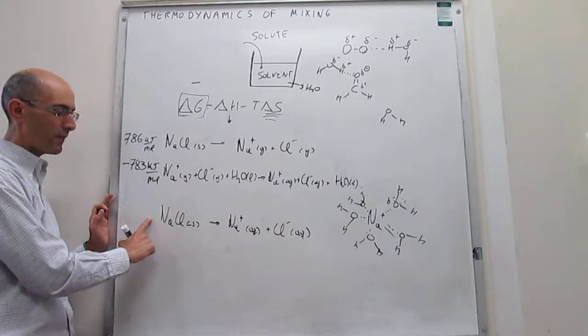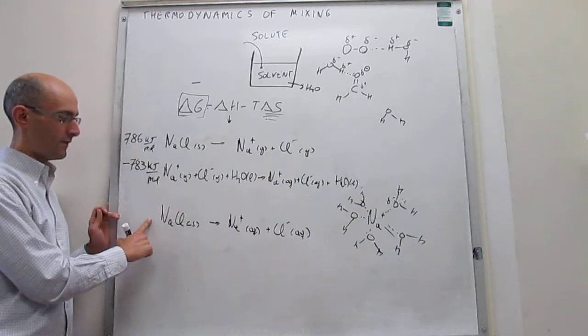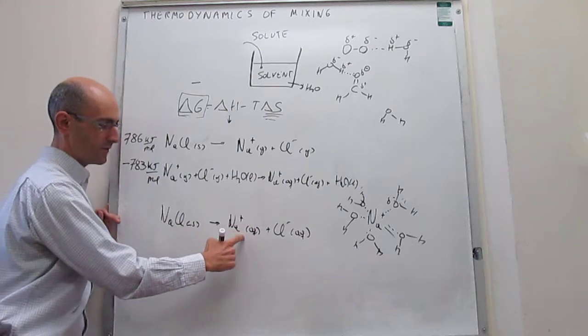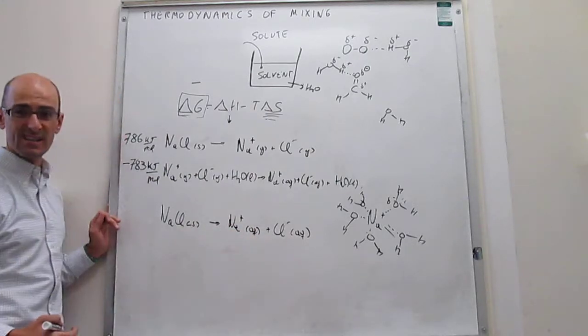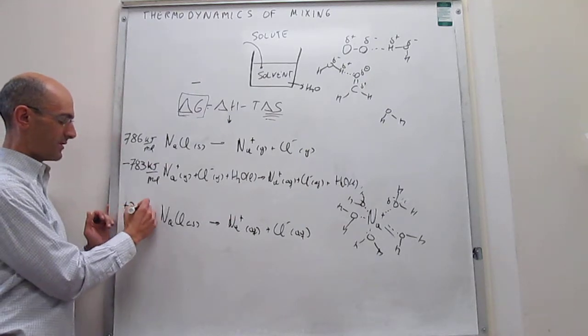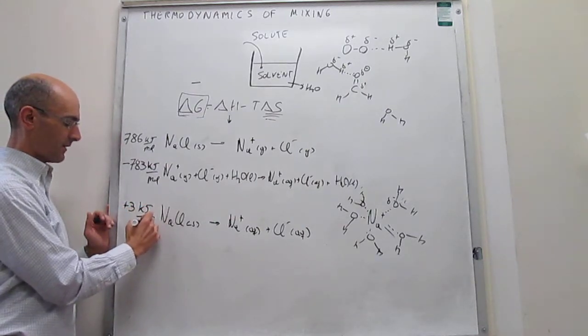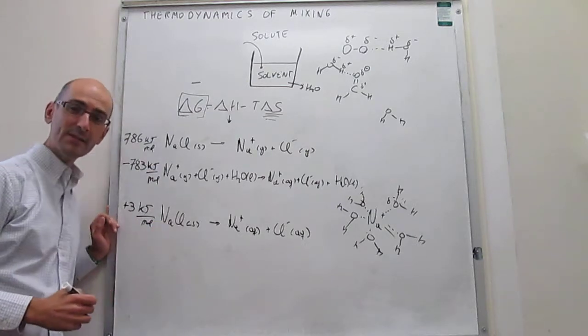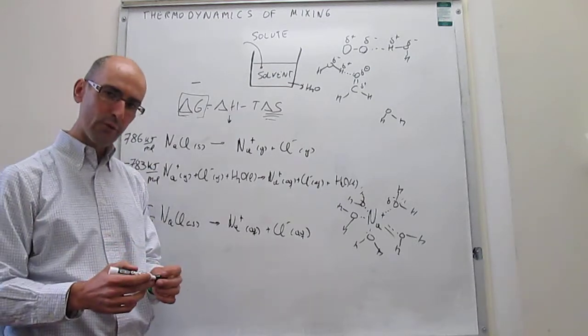So the overall enthalpy for the solution of solid sodium chloride into sodium plus and chloride minus as ions in water has a delta H overall of plus 3 kilojoules per mole. This solution process is slightly endothermic.